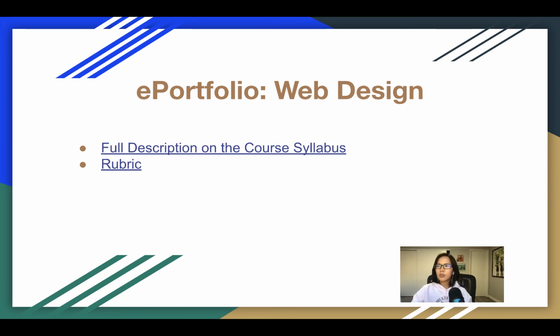So your e-portfolio will include, I'll let you read the full description on the course syllabus again, but I have here the parts that we need to include. The first one is the introduction. So please give a full introduction of yourself professionally. You can customize it with some details about yourself, your family, your pet, but the focus should be on your professional side, okay?